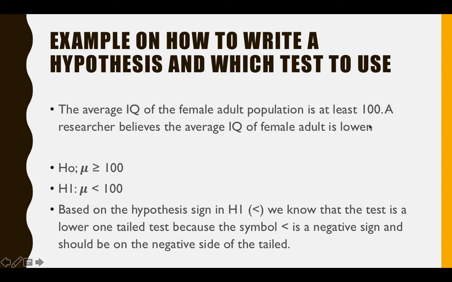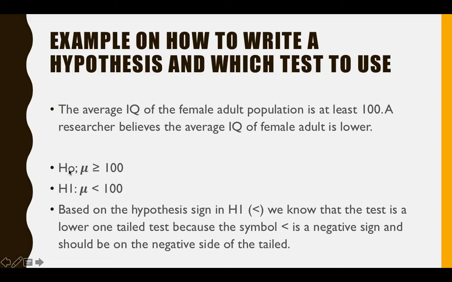So straight away, you know that the research hypothesis or the statement to be tested is the average IQ of female adult is lower than 100. So your H1 should be the hypothesized mean. The hypothesized mean in this example is 100. So H1 is hypothesized mean is less than 100.